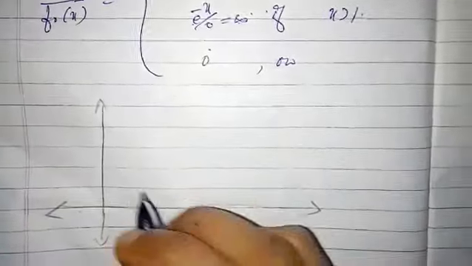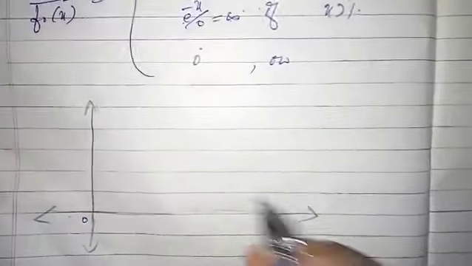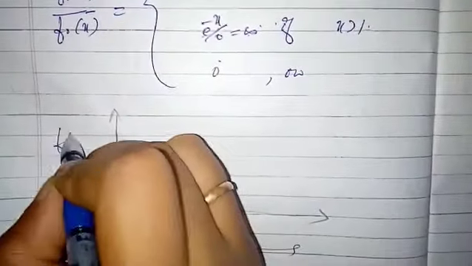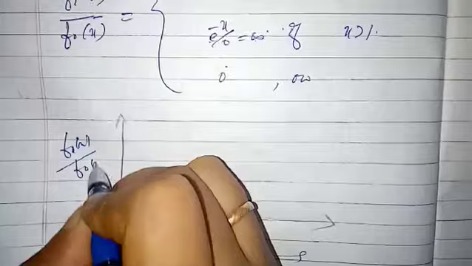Here this is the x value, and this is the ratio f1 of x divided by f0 of x.